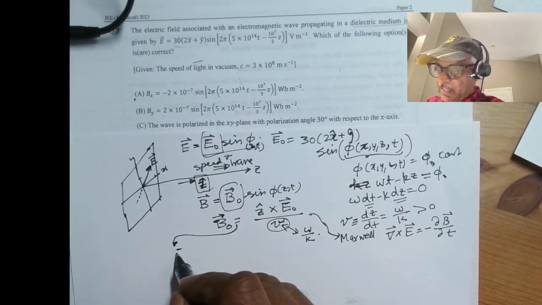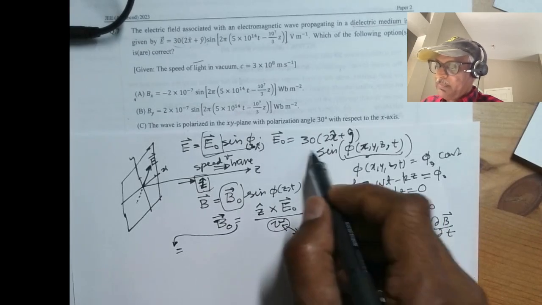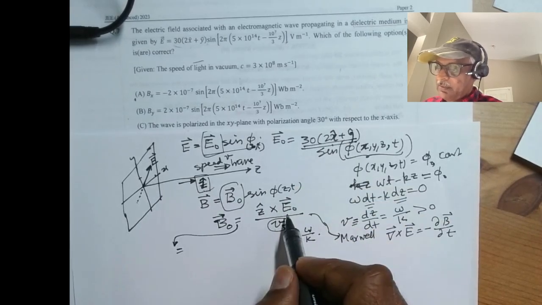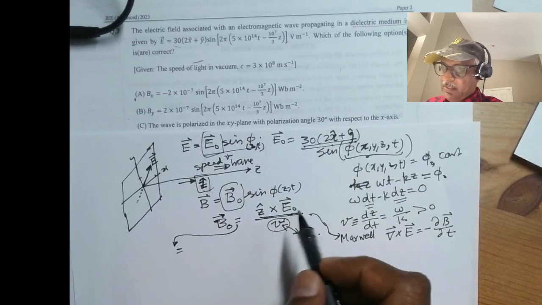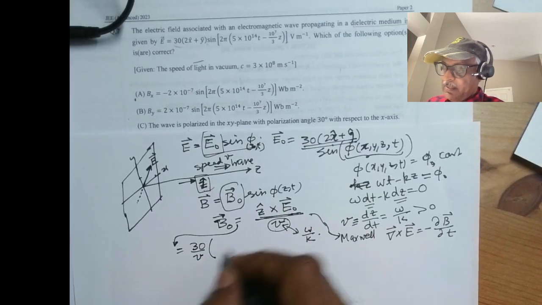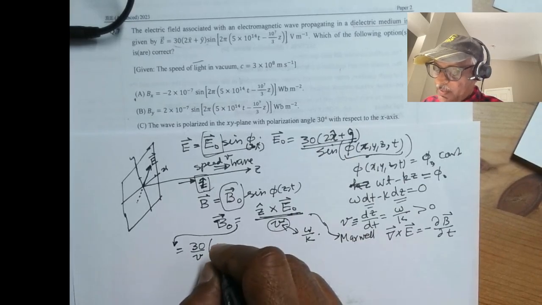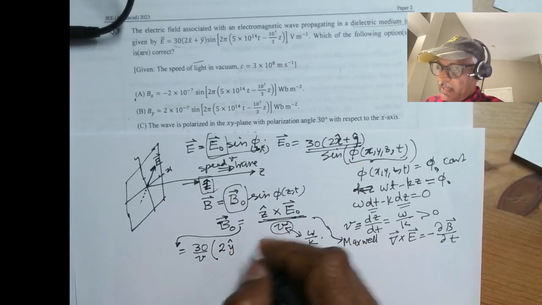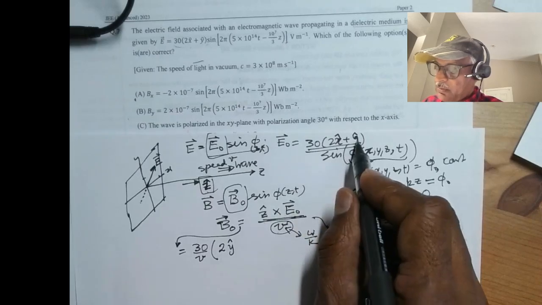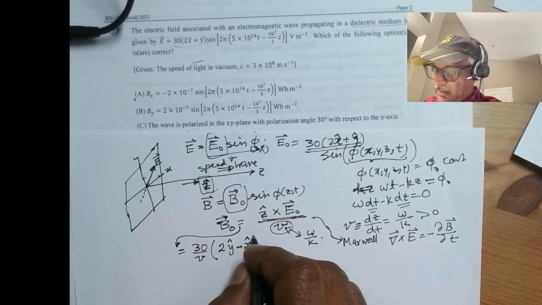So this will be working out from this vector into here, just 30 over V. Z hat cross X hat gives you Y hat, so 2Y hat. Z hat cross Y hat gives you minus X hat.